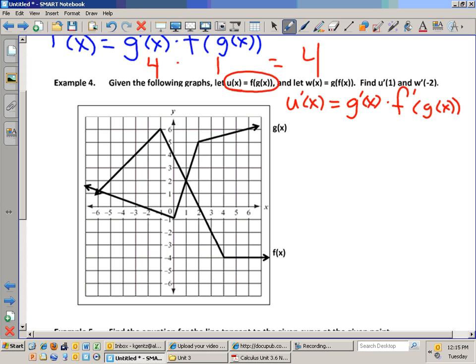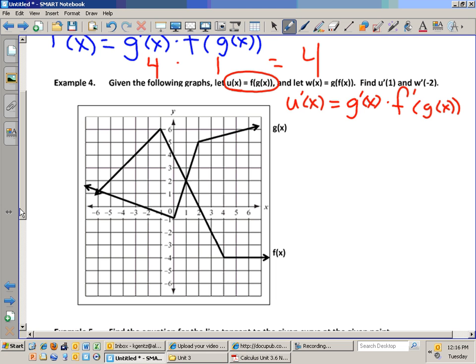Well, remember that the chain rule says that it's f prime of g of x times g prime of x. So this is the derivative of the inside, which is g prime of x, and then this is the derivative of the outside with the inside inserted back in. Good question, Morgan.